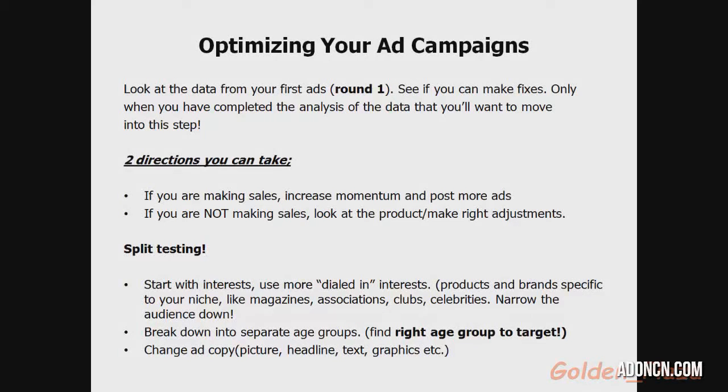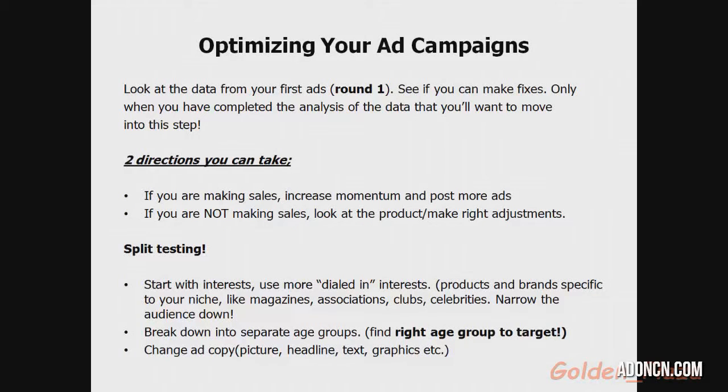If your targeting is starting with very broad age groups, you can start breaking them down into separate age groups. For example, let's say I create two different age groups for a wife and husband shirt. Okay, let's say I'm doing a t-shirt campaign. One would be 18-24, and the other one 35-44.